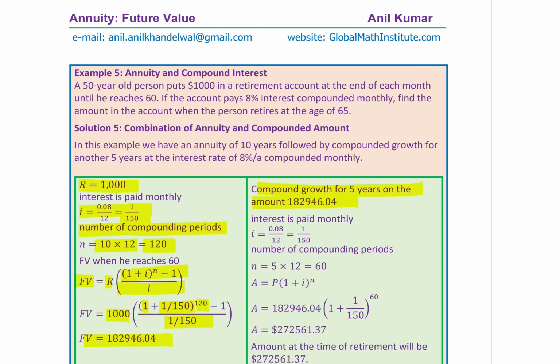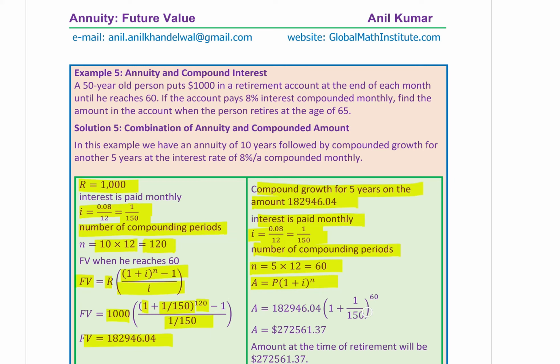So let's find what is the value of this investment after 5 years. The interest being paid is the same, 8%, and therefore the number of compounding periods is 5 years times 12, which is 60. We can say that the amount will be principal times 1 plus i to the power of n.